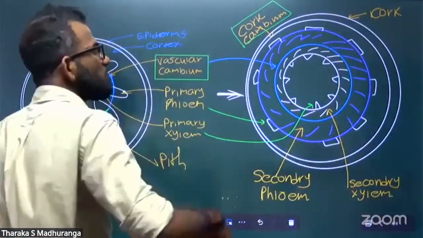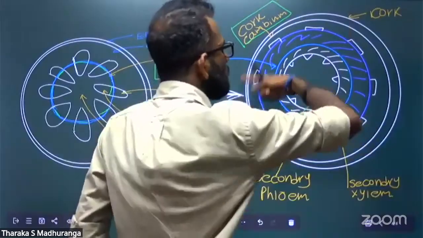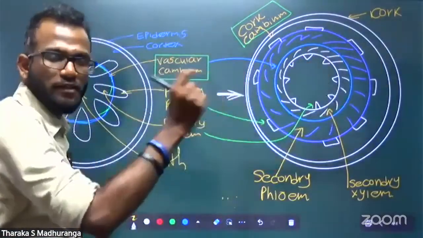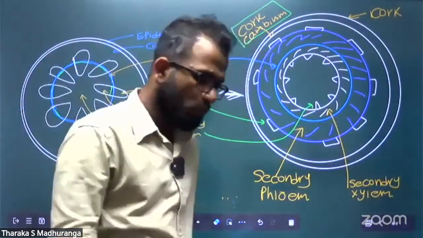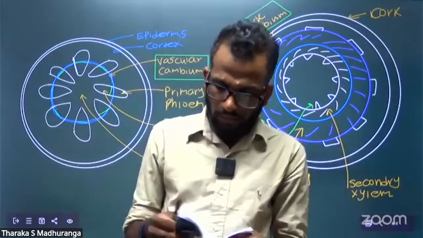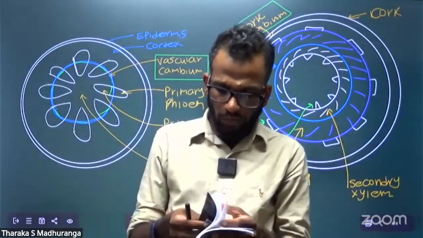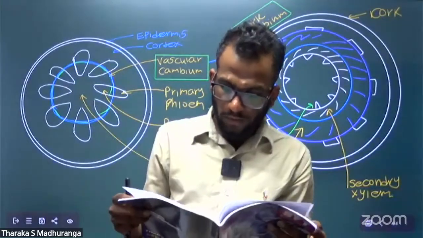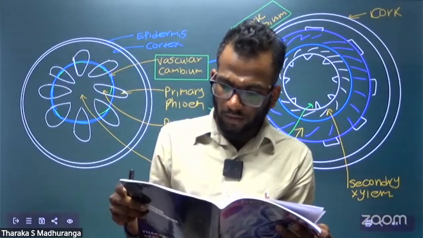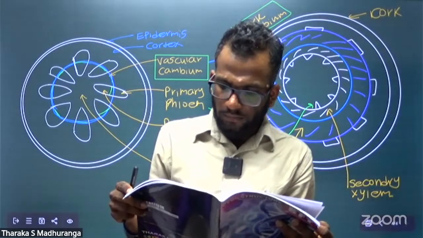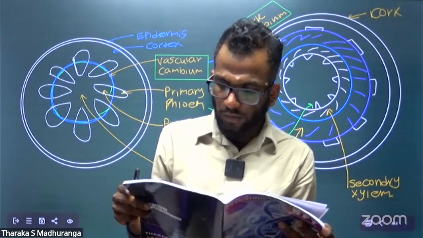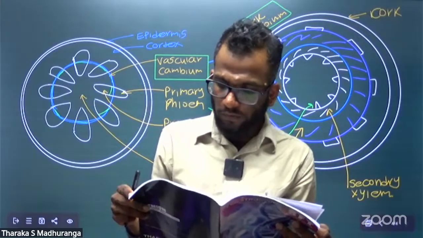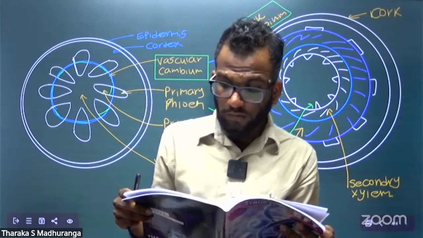The outer one is the cork cambium. The outer layer is produced by it. It is important, and I have given it in the tube. The cork cambium produces cork towards the outside of the cortex.